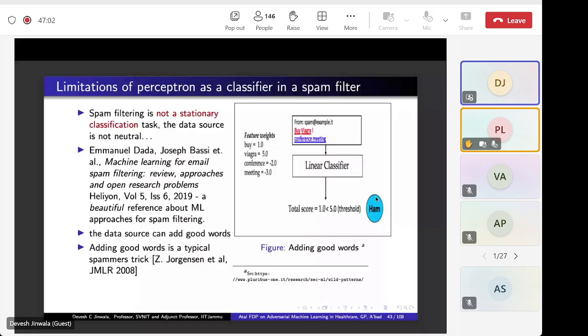And that is discussed in this particular paper, Machine Learning for Email Spam Filtering. It's a beautiful paper which talks about different machine learning approaches for email spam filtering. Let's say I may use a neural network, I may use a decision tree or decision forest, I may use an SVM based classifier.